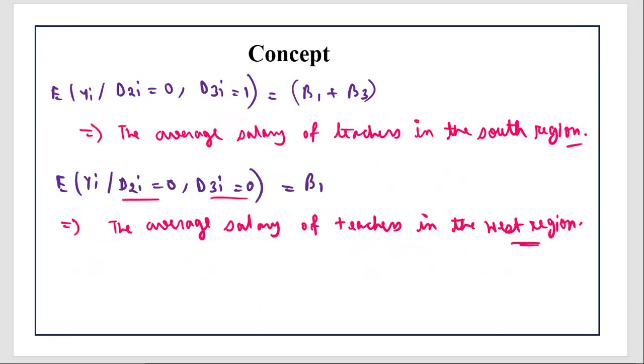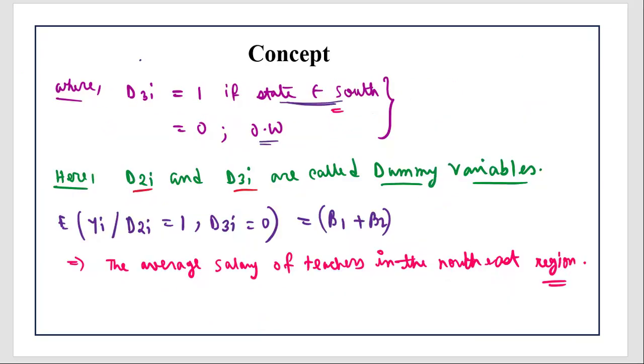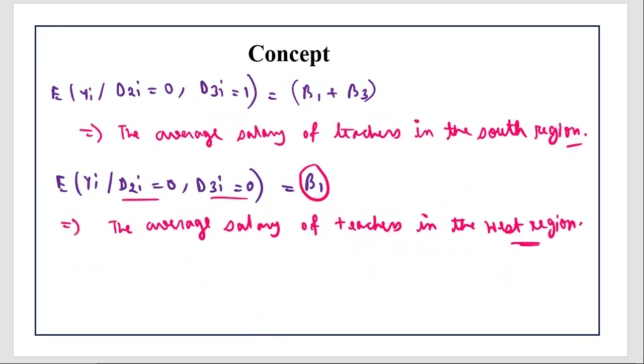That is why if you put both the dummy variables to be 0, you will only get the intercept term. Later on, we will define it formally: this intercept term will be known as the benchmark category. The category for which we have not introduced any dummy variable is known as the benchmark category, which is given by the intercept of this model. Right? Now this much is done.